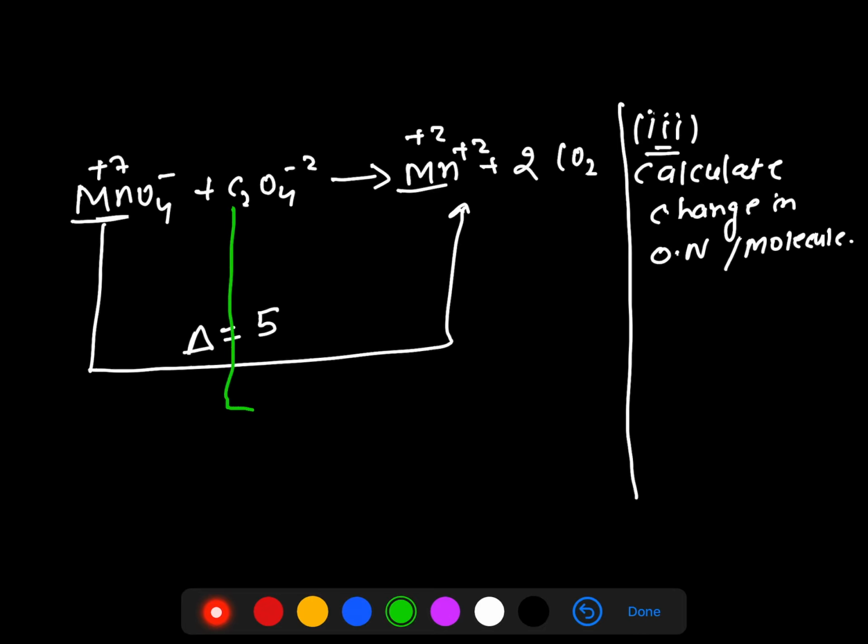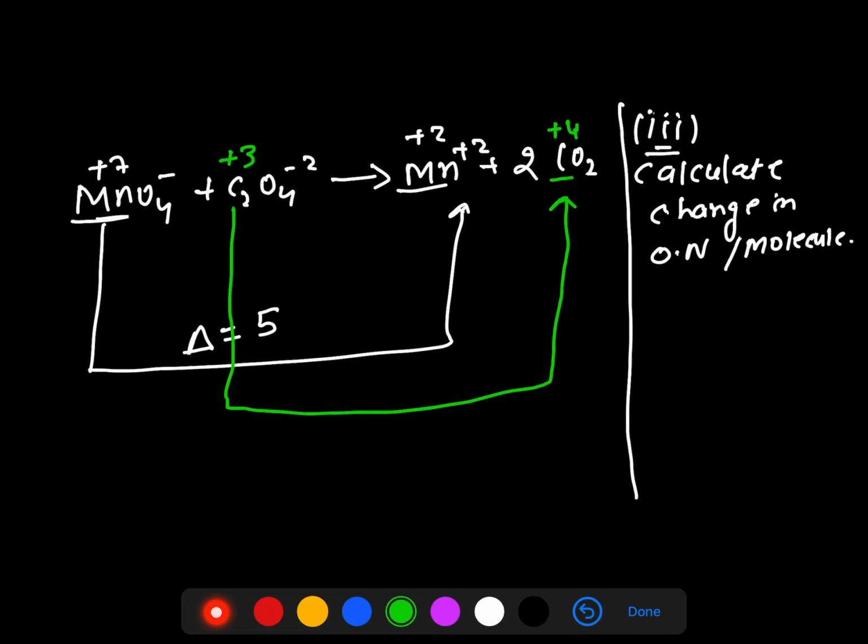But the main problem arises over here. If you check, carbon over here is in the +3 state, over here in the +4 state, right? Oxidation number +3 in C2O4 2 minus is shown by each carbon atom over there, and in CO2 each carbon atom shows the +4 state. So change per atom is by 1 unit.